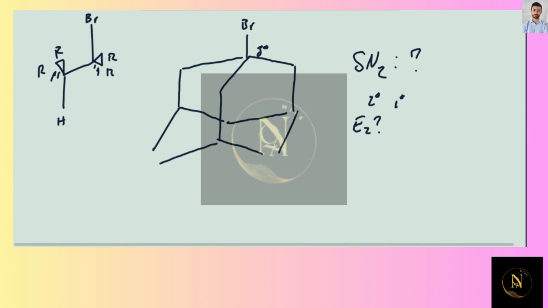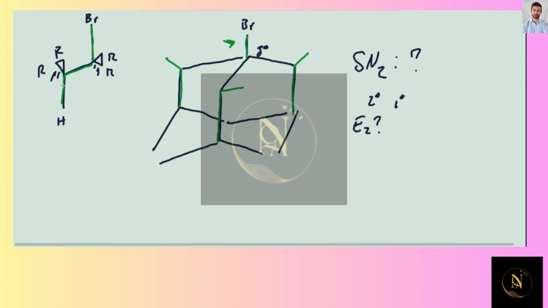If the bromine is up, then across this bond, the hydrogen needs to be down. But look, if this bromine is up, there's no hydrogen down because there's a carbon-carbon bond. The only hydrogens that could possibly be eliminated while this bromine leaves aren't in the correct orientation.